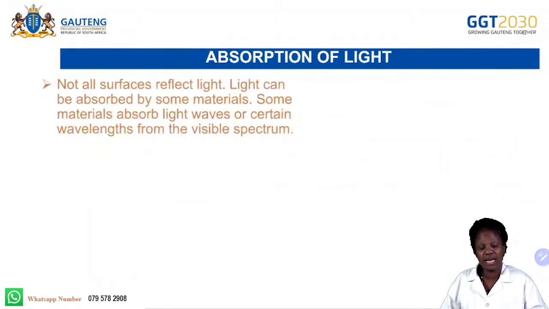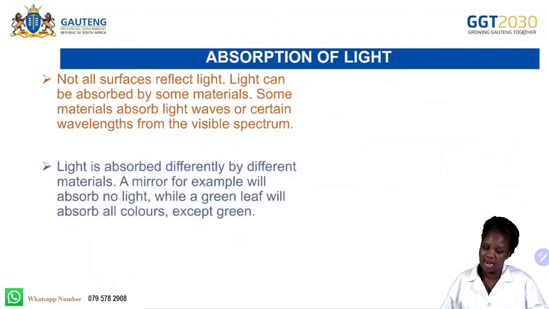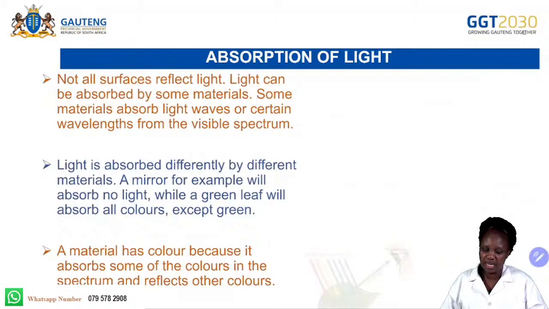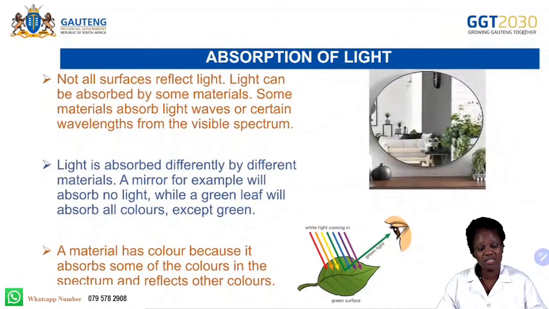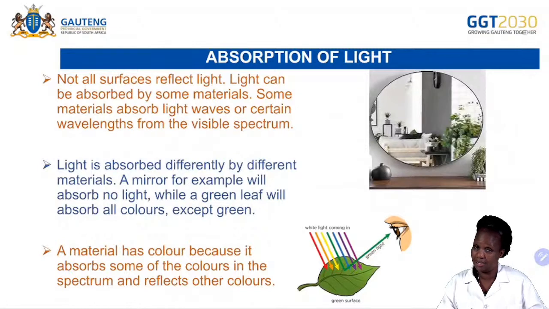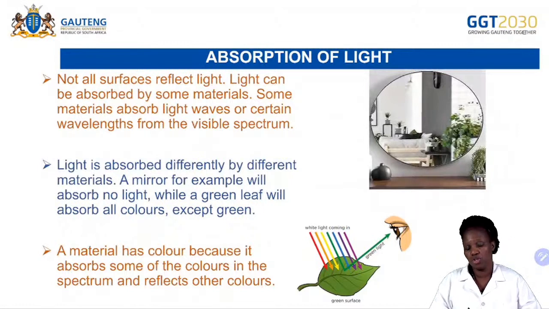And then let's look at absorption of light. Not all surfaces reflect light. Remember that. Light can be absorbed by some materials. Some materials absorb light waves or certain wavelengths from the visible spectrum, and the light is absorbed differently by different materials.